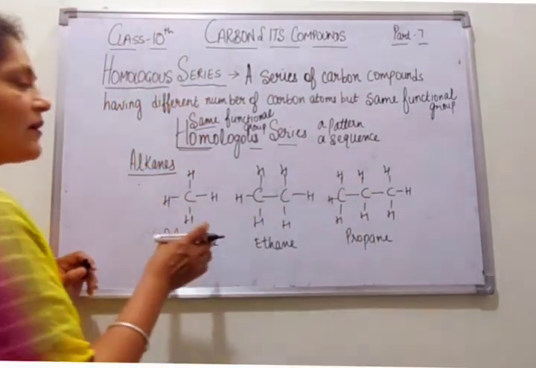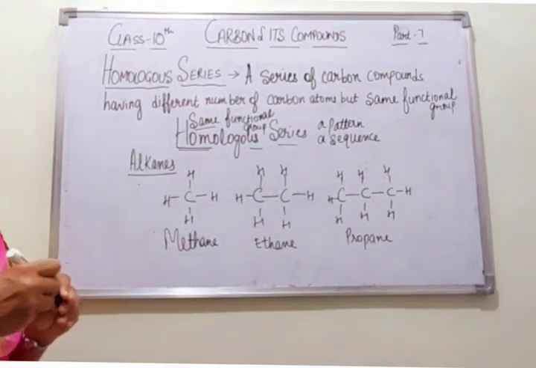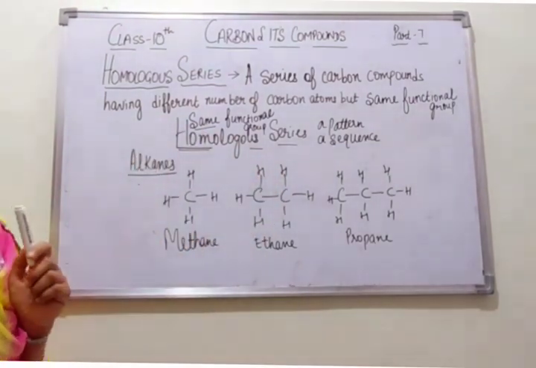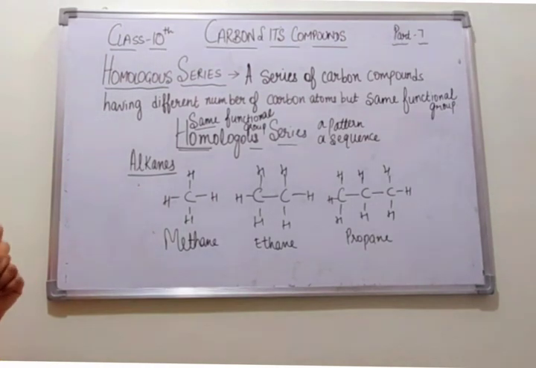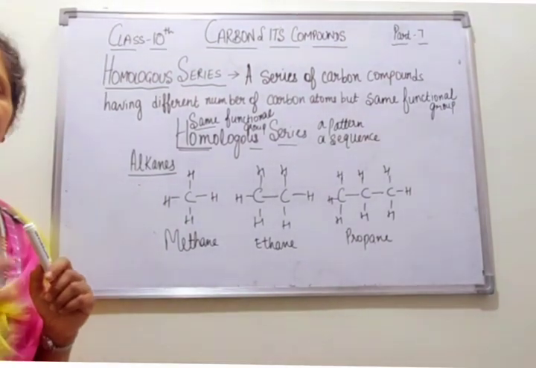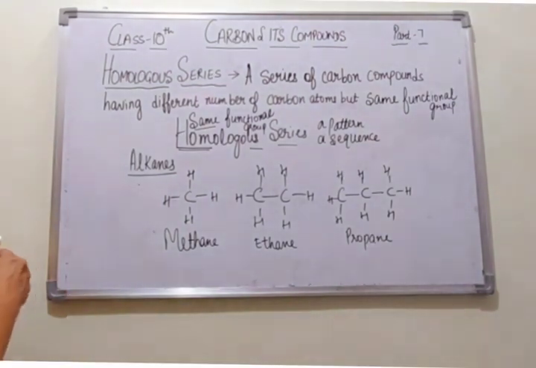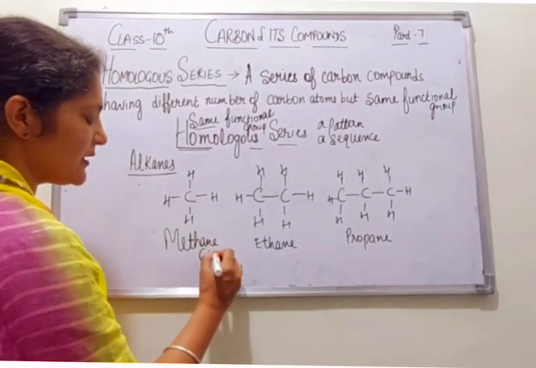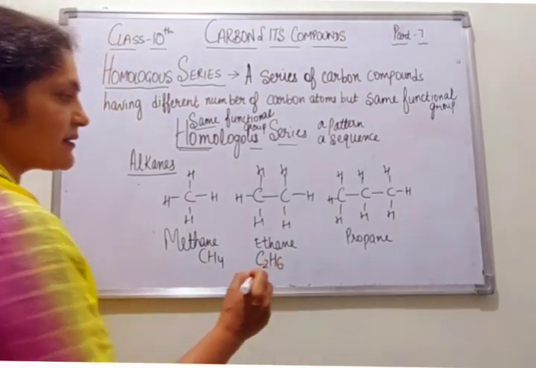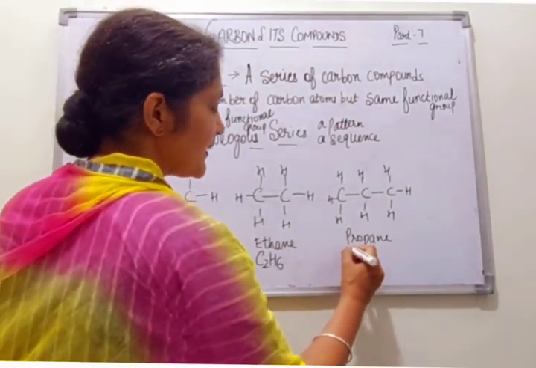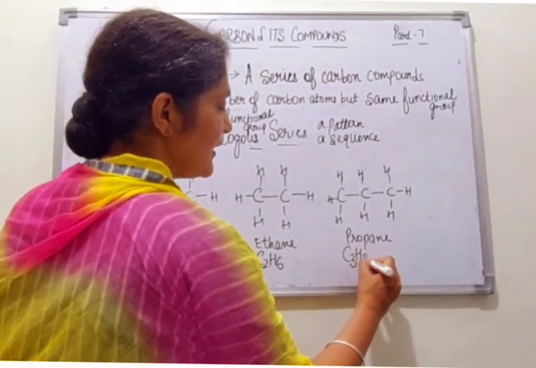Now students, all these carbon compounds have a carbon-carbon single bond, and they are making single bonds with hydrogen. The molecular formula of methane is CH4. In ethane it is C2H6, and in propane it is C3H8.